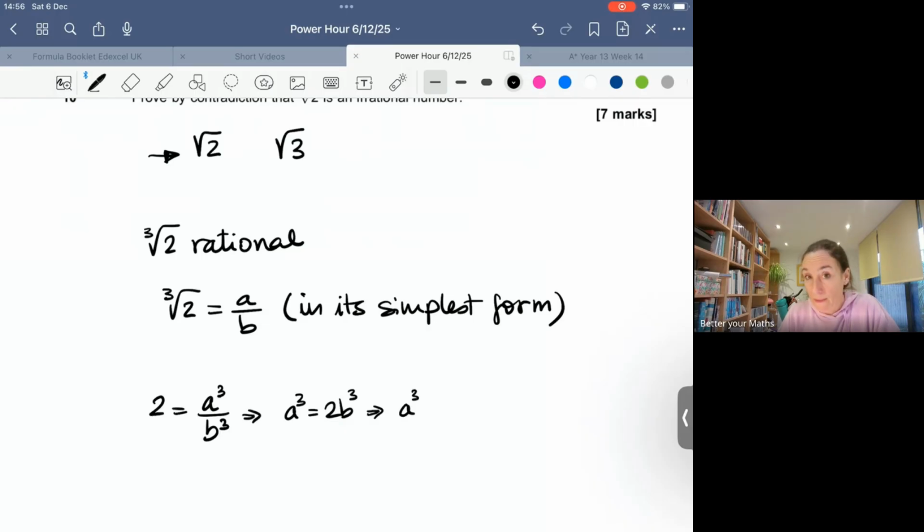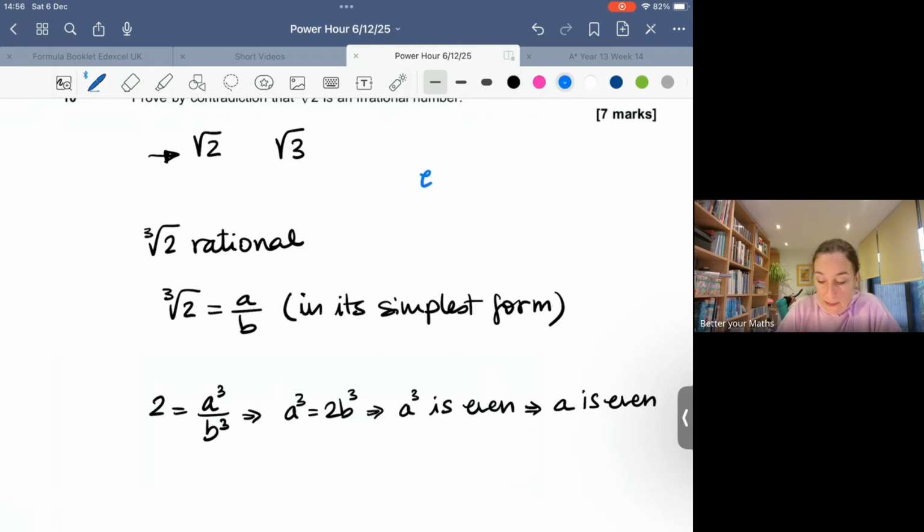A cubed, if it's 2 times something, is even, right? Because I can write it as 2 times something, a cubed is even. This means, and you should remember, it's not difficult to prove, but you don't have to prove it, that a is even.